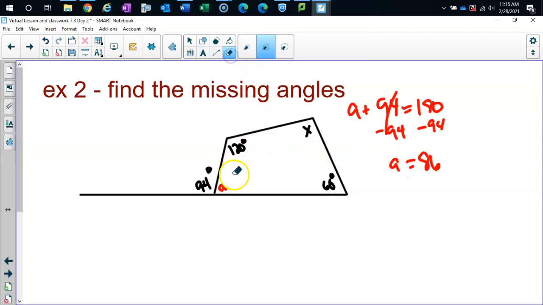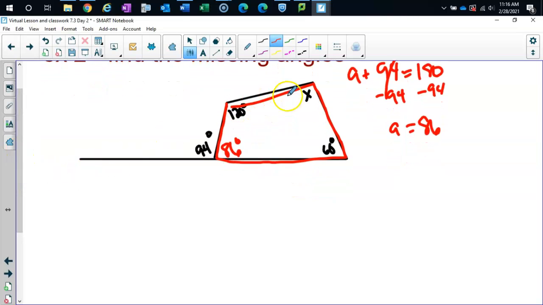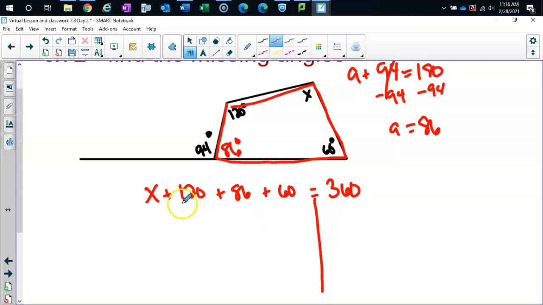So I'm going to erase this, and I'm going to put right here 86 degrees. Now you're looking at this quadrilateral. So those four angles have to add up to 360. Okay, remember, a quadrilateral adds up to 360. So our equation will be x plus 120 plus 86 plus 60 equals 360. Now, guys, you should be writing this down right now.